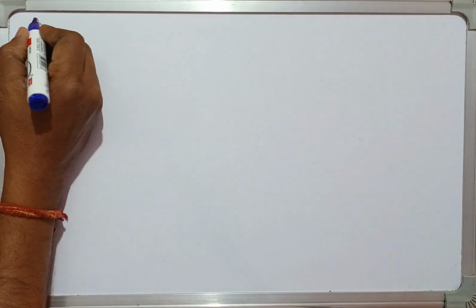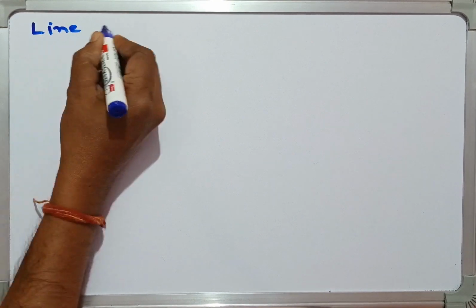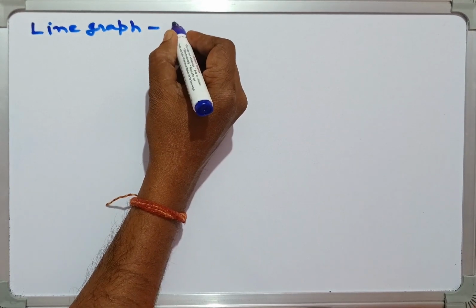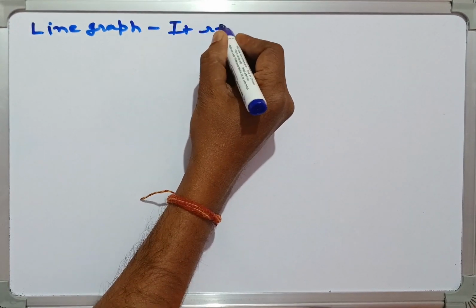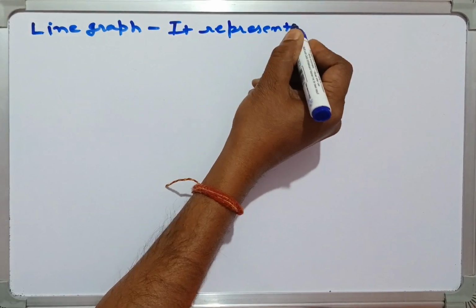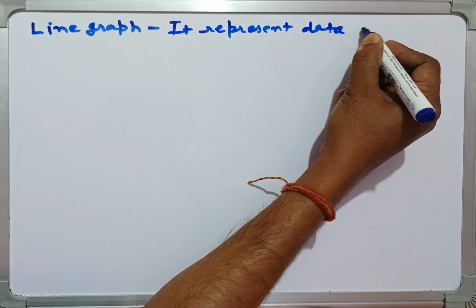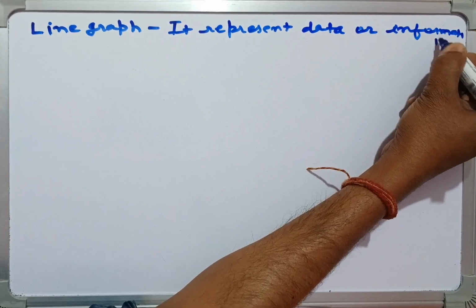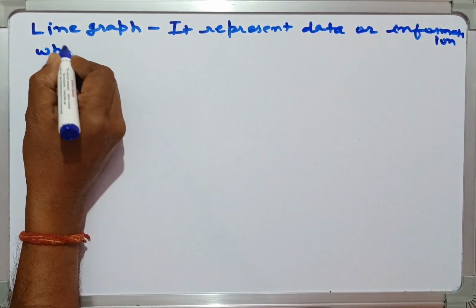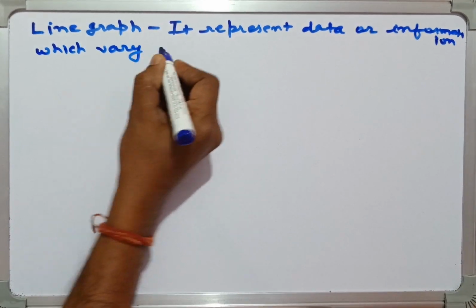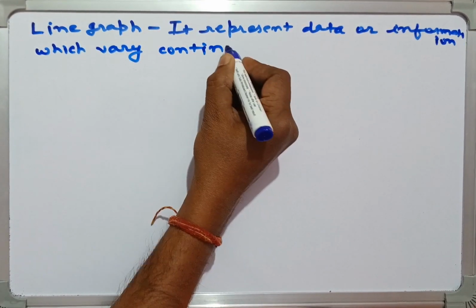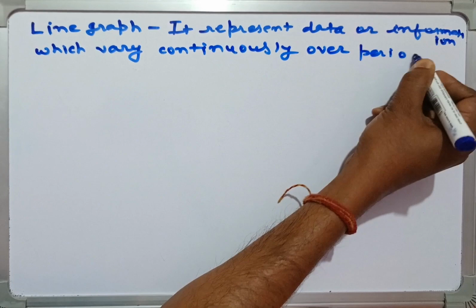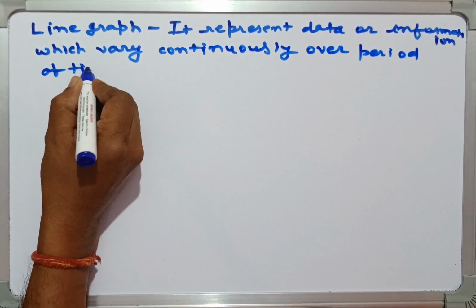Okay guys, line graph represents data or information which varies continuously over a period of time.